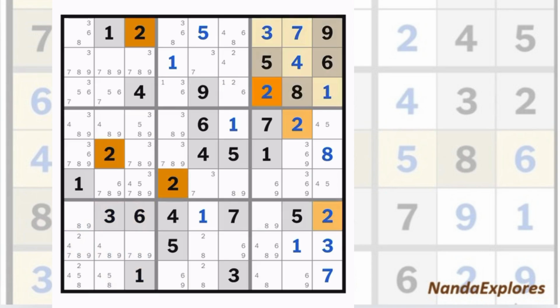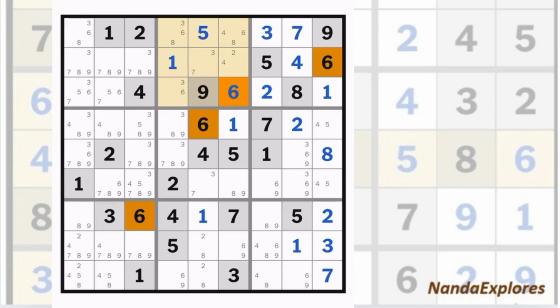So here also we have 2, 1 and 2, so we need to remove 1 and 2 here. So we need to remove 1 here. So this is a cell where 6 is unique, so we post 6 there. So once you post 6, this becomes a 3. So here also you remove 6.